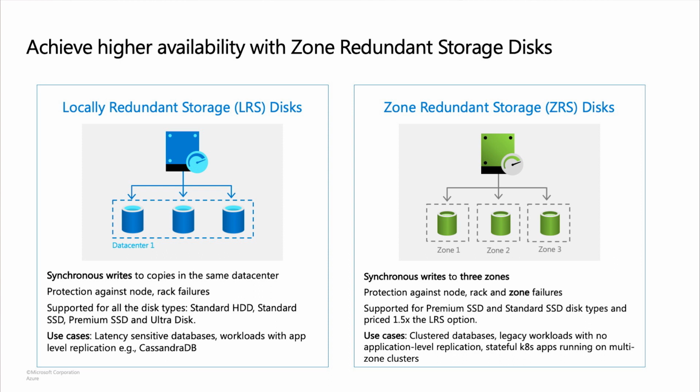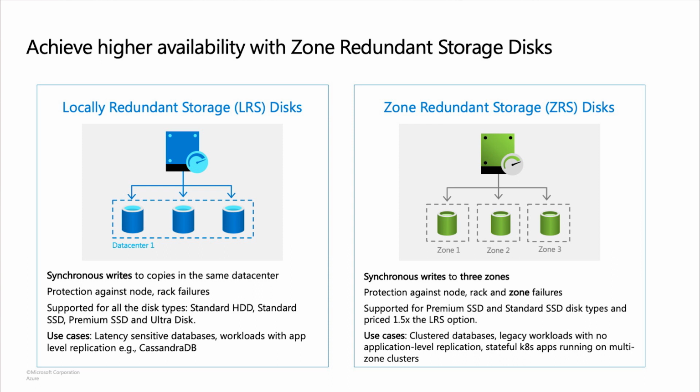So LRS disk protects you from node failures and rack failures that can happen in that data center. Whereas in the case of ZRS disk, when you write any data, the system replicates that data to 3 different zones, so that these ZRS disks can be available even when an entire zone is down due to natural disaster or hardware failures.